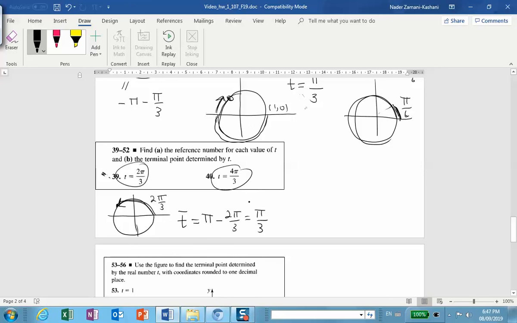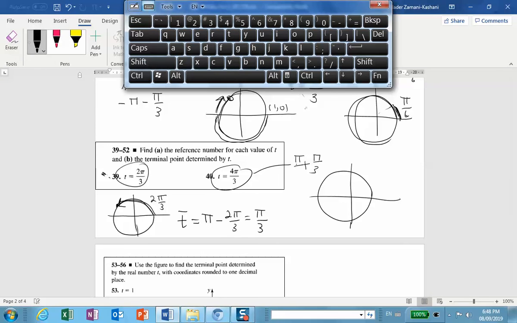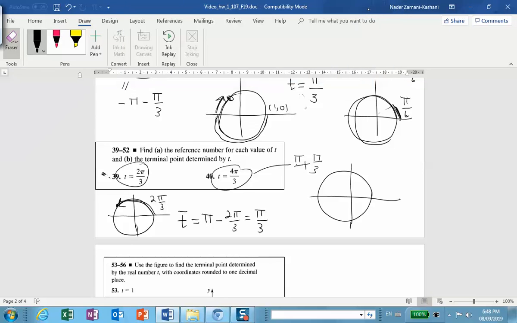For that fellow, let's draw the unit circle. Remember, 4 pi over 3 is pi plus pi over 3. Right there.